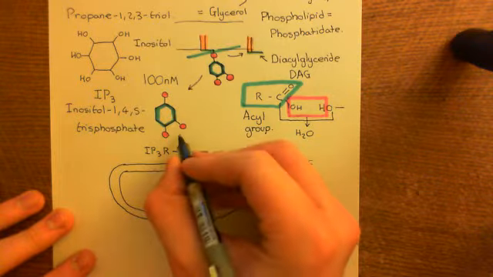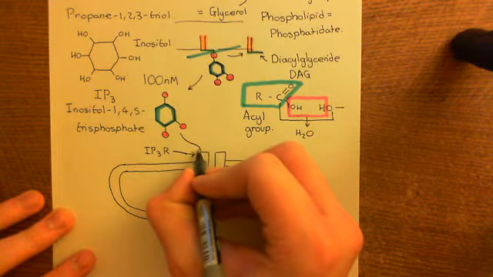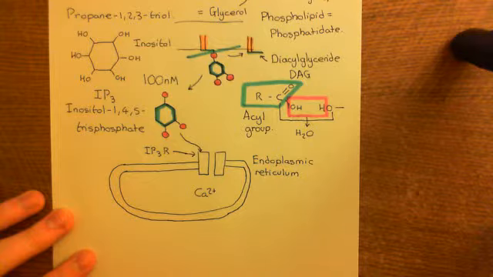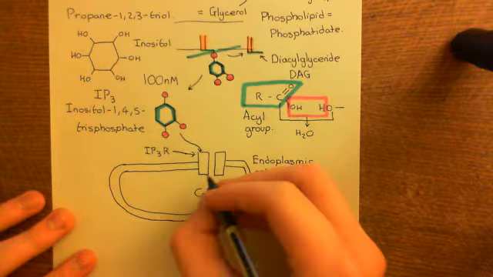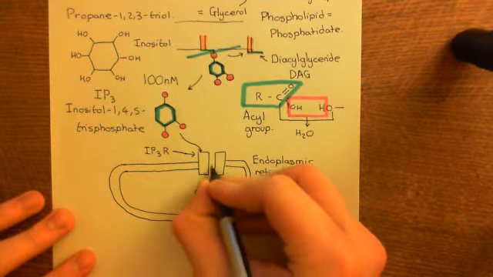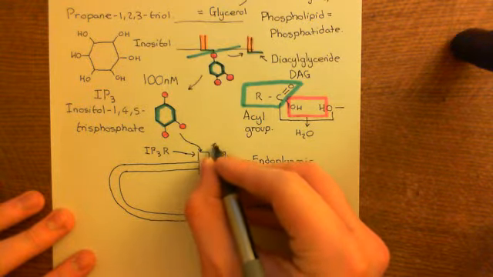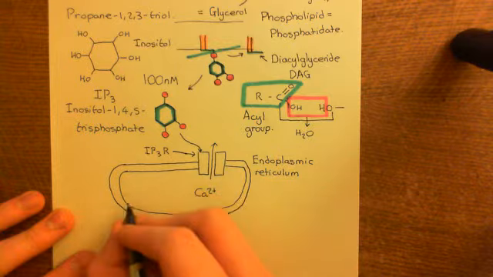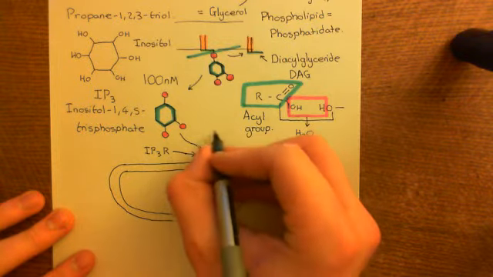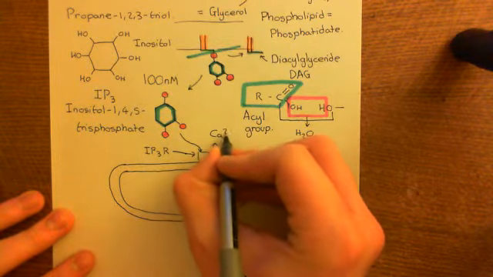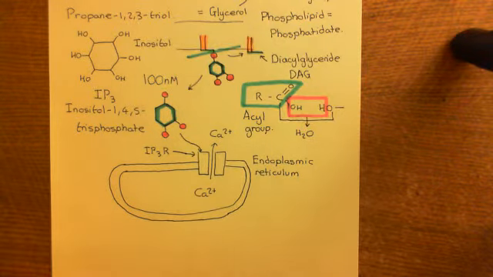Specifically, 4 molecules of IP3 will bind to the IP3 receptor, and it will lead to the opening of the channel. Then you'll get release of calcium from the lumen of the endoplasmic reticulum into the cytoplasm of the cell.